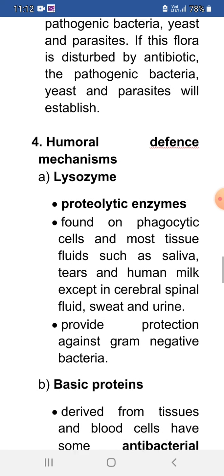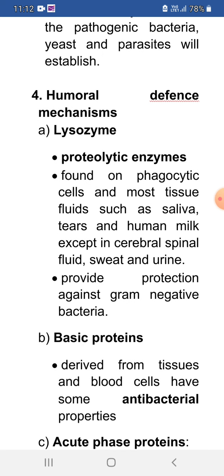Then we have the fourth way, that is the humoral defense mechanism. Humoral immunity is immunity by the products of the immune cells or immune tissues. So these products kill bacteria or destroy foreign substances.